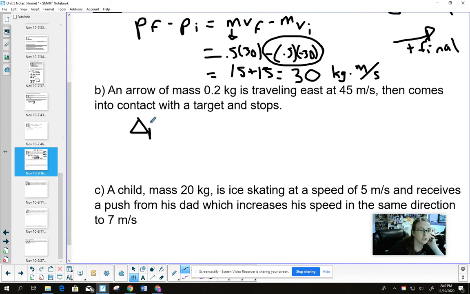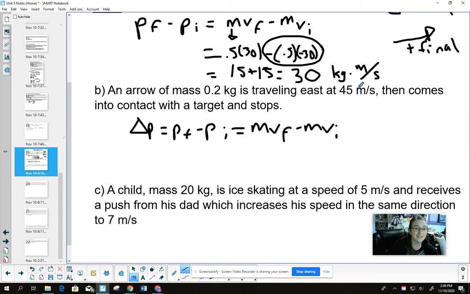Okay, so our change in momentum is p final minus p initial, which equals m times v final minus m times v initial. Initially, it is traveling east at 45 meters per second. I'm going to call that positive. Then it comes into contact with the target and stops, so its final velocity is 0.